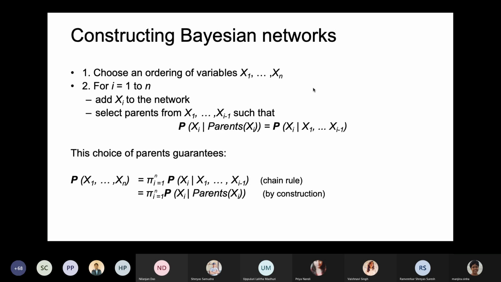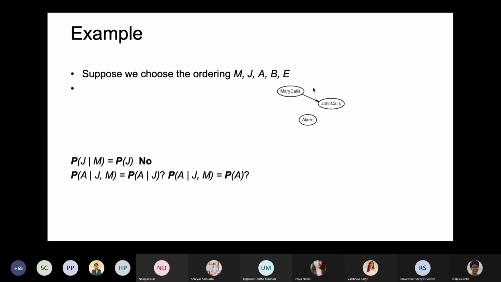You mean some different connections would also represent the same network? Sorry, can you repeat? Some different connections will not represent the exact same network.